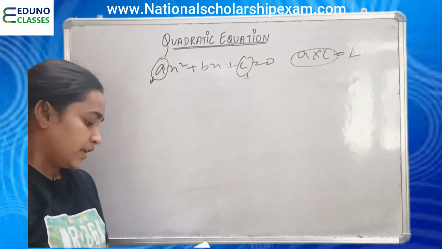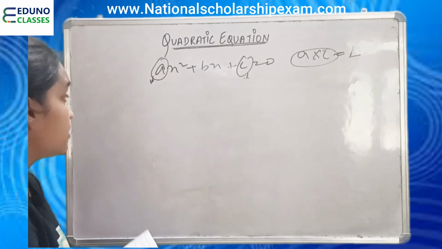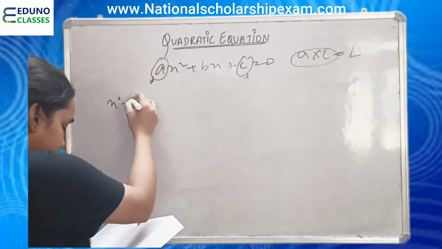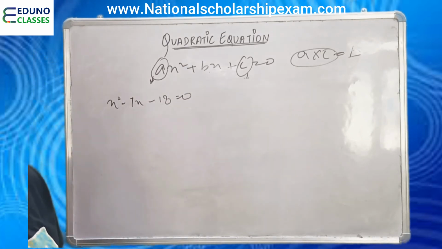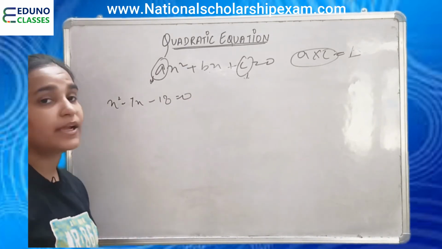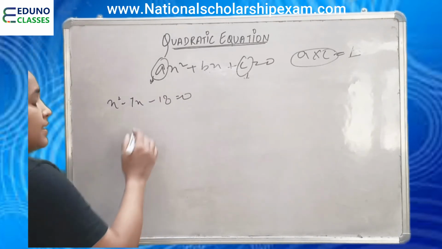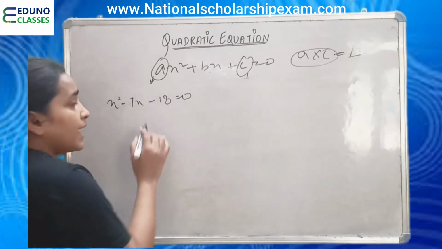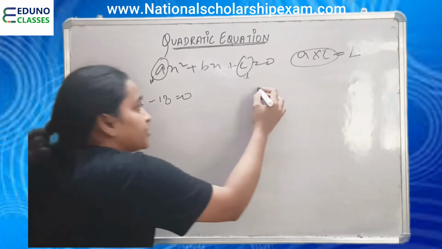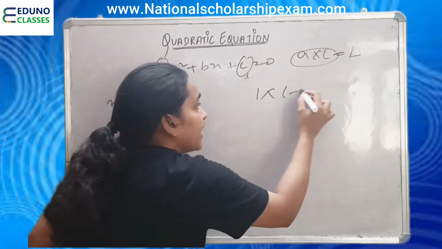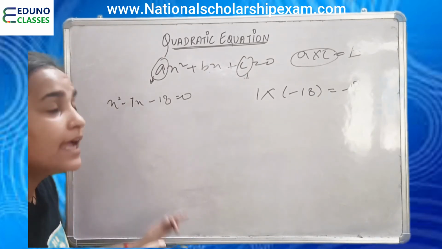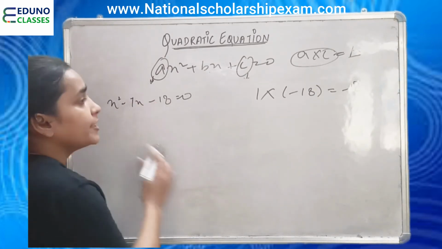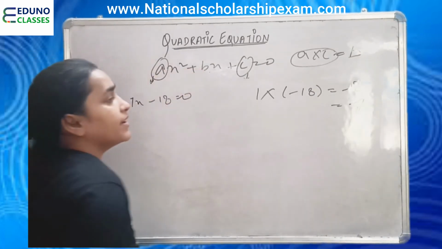We have this equation x square minus 7x minus 18 equals 0. Right? Now, either I break the product of x square, which is 1, and the constant minus 18, that gave me minus 18, such that it equals the coefficient of minus 7.